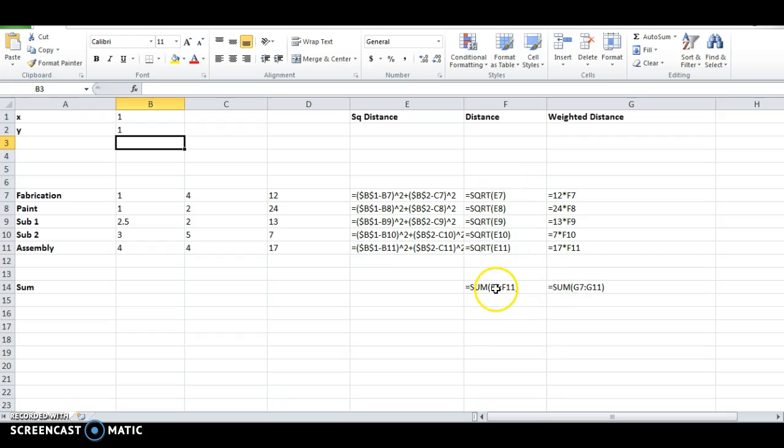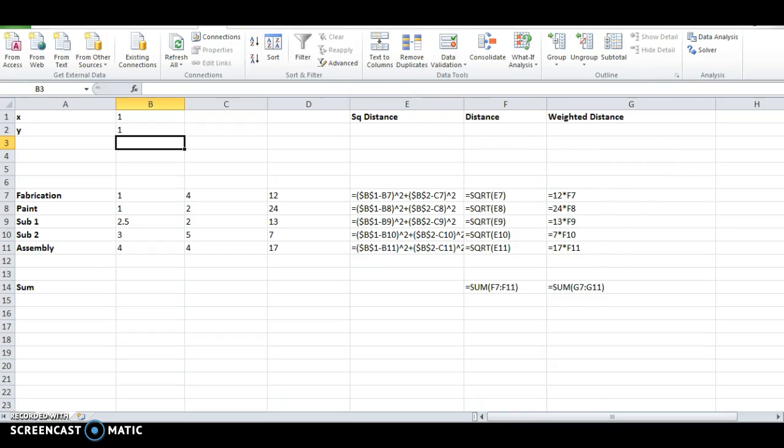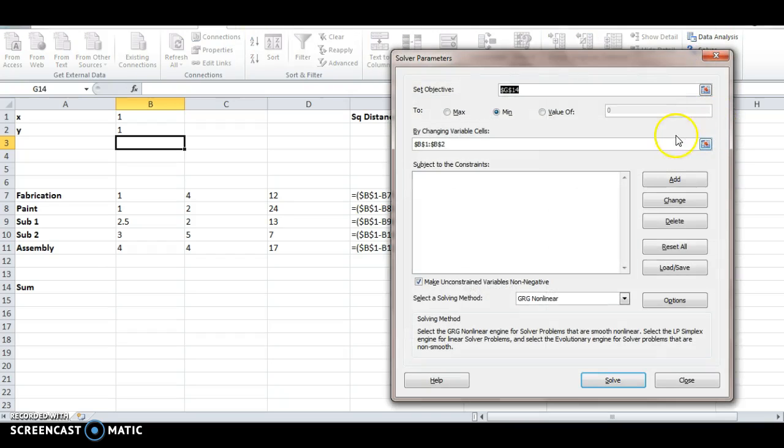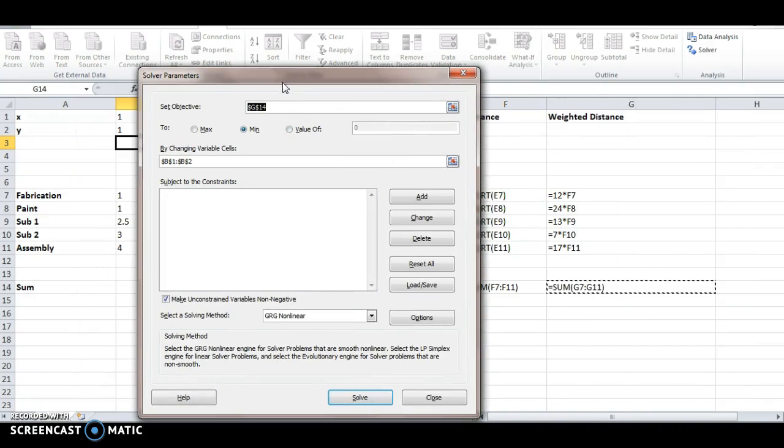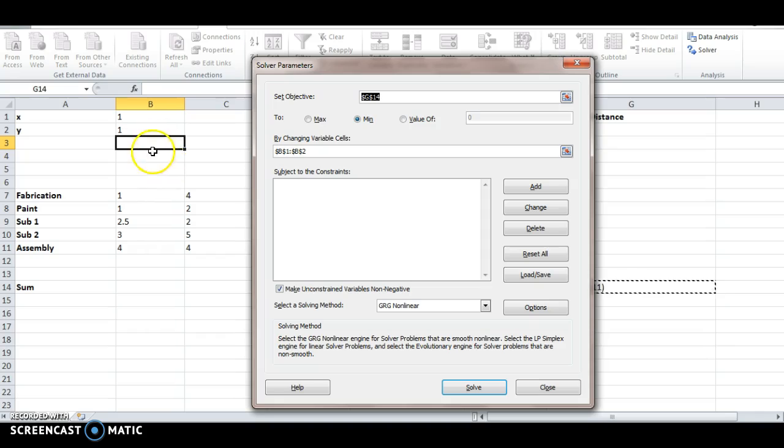And then I took the sum of the distances, but really what we care about is this sum of G7 through G11. This is the sum of the weighted distances. This is what we want to minimize. So what we do is we just go to the data ribbon, select solver, and we want to set the objective, this G14, and we want to minimize it by changing these variable cells.